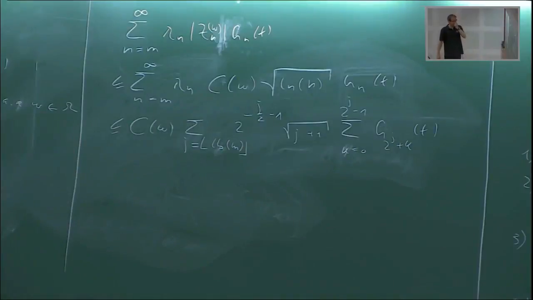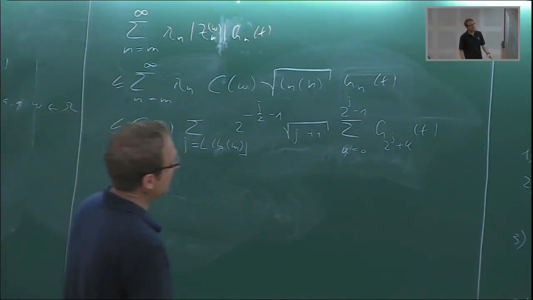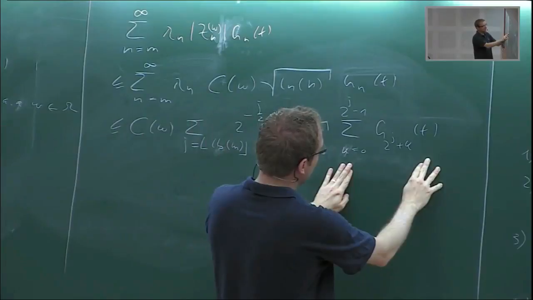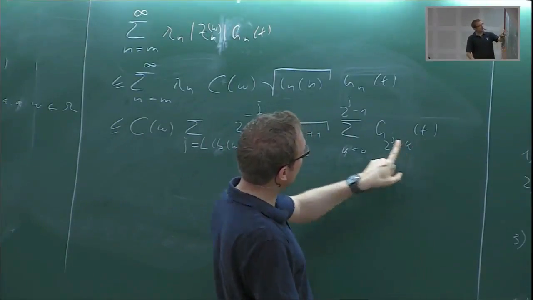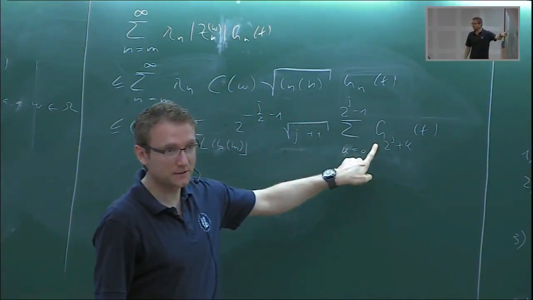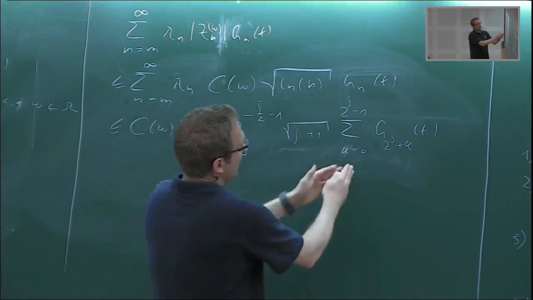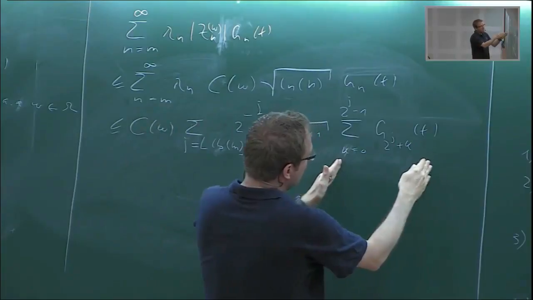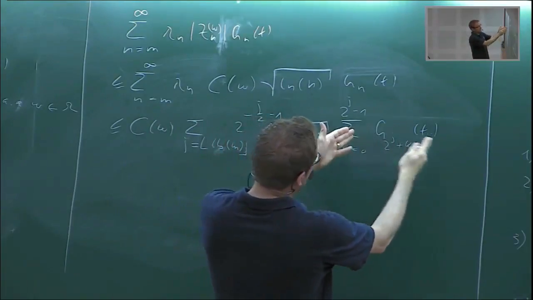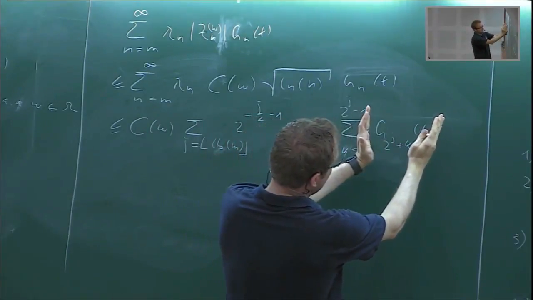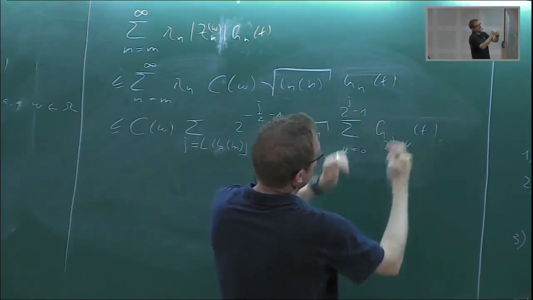Now the good thing is that those functions have disjoint support. This means for each t, only one of those functions actually strikes. We have only to sum one of them, and that means we have one of those functions g here, and it can be estimated by 1.